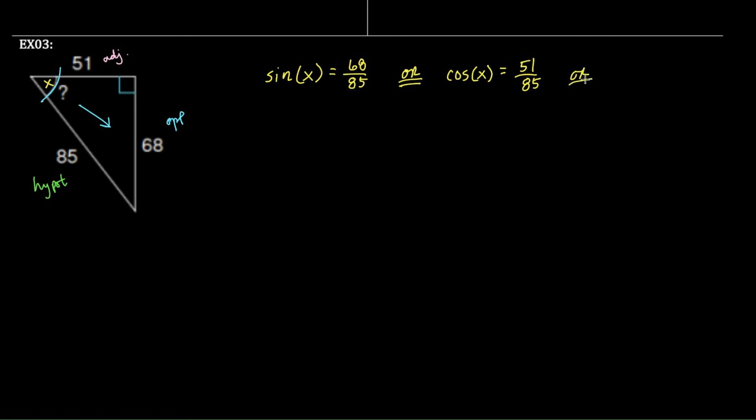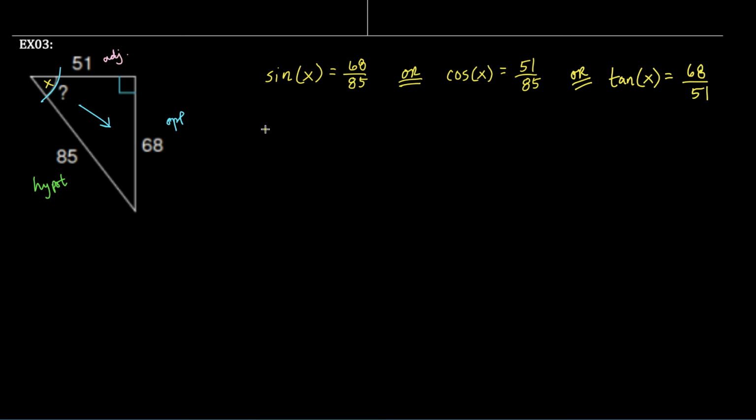Or I can do, because it gave me all three sides, right? Let me draw that a little better. The tangent of X, taking oats away, so 68 over 51. And if I do any of these, I will get the same answer.